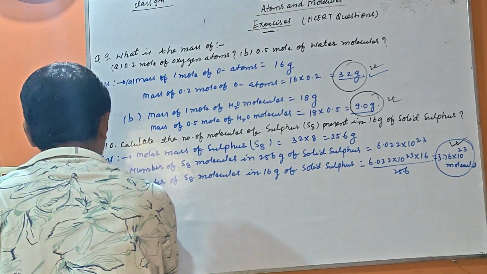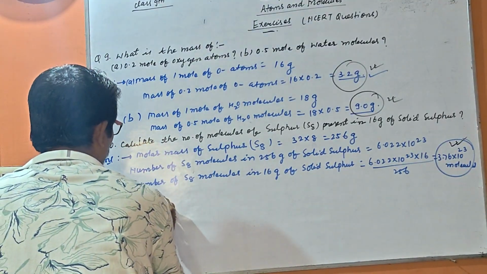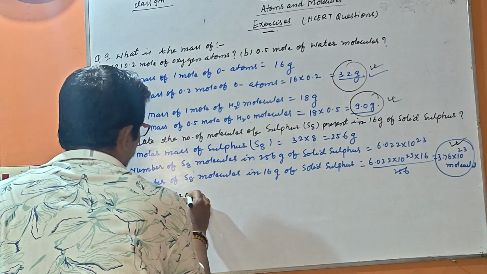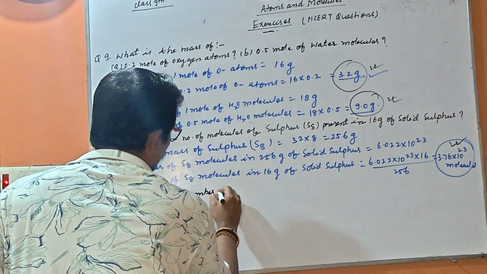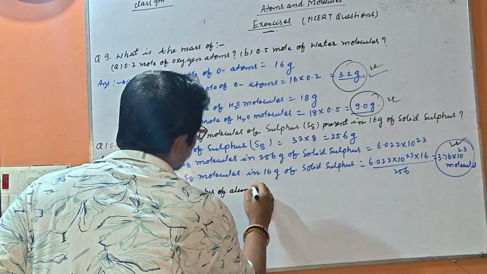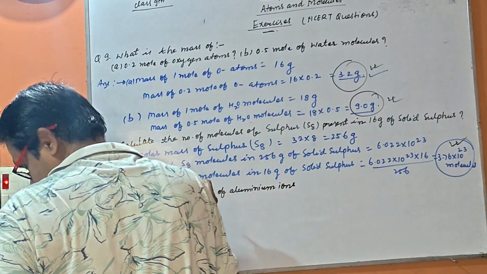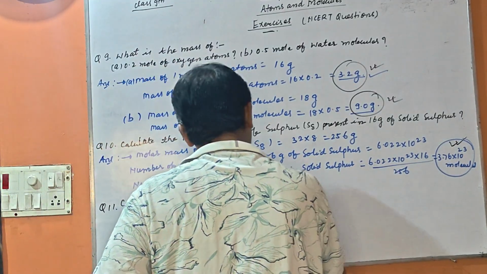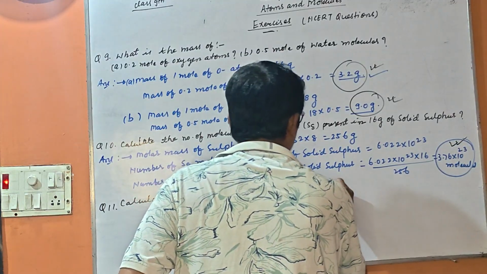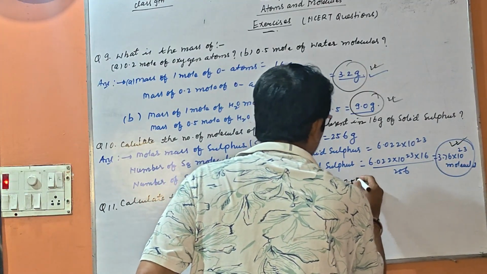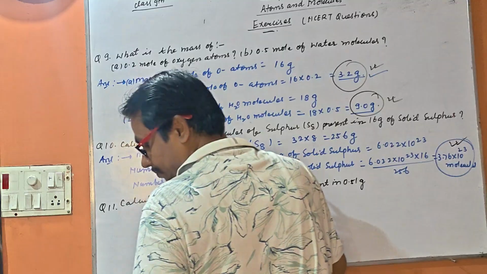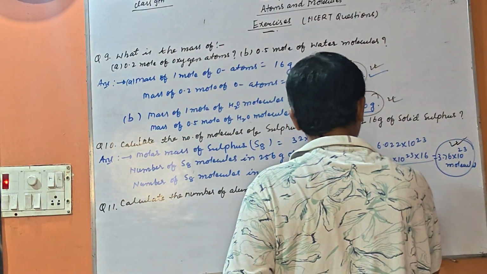Question number 11. Calculate the number of aluminum ions present in 0.51 gram of aluminum oxide.